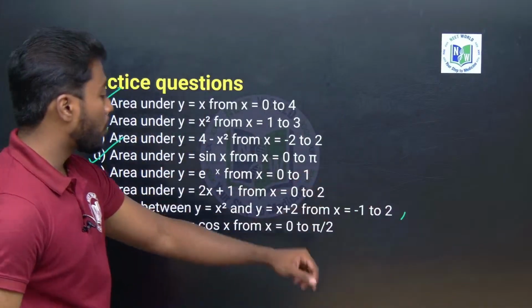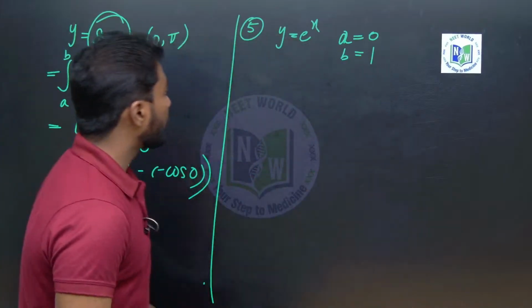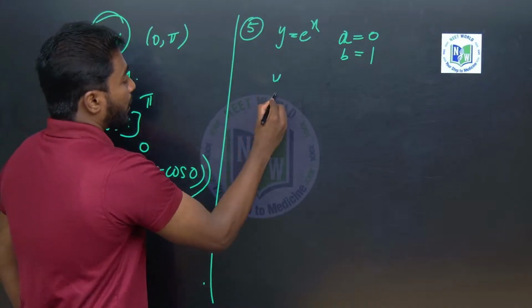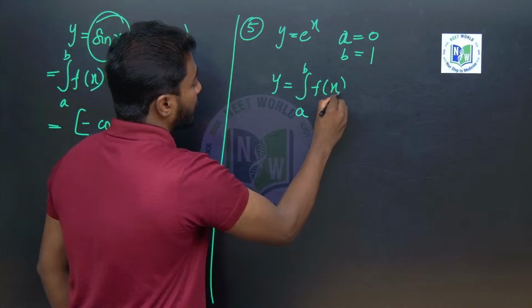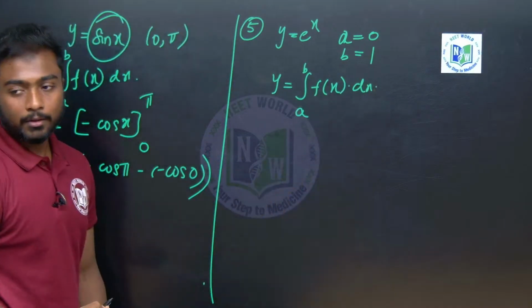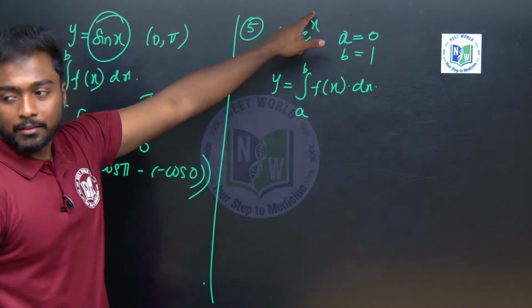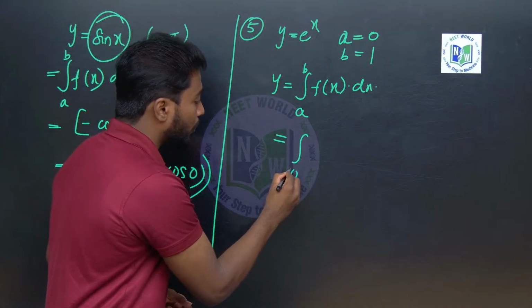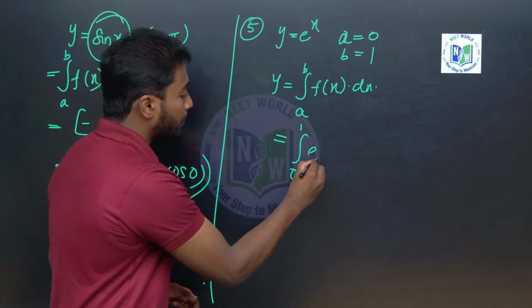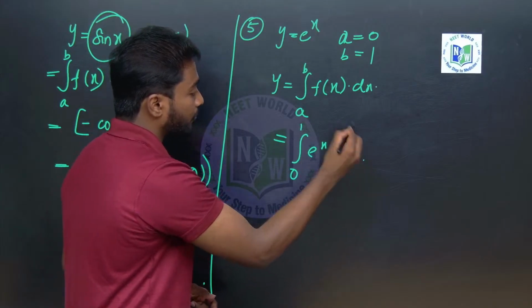From 0 to 1. Okay. So y is equal to the integral of a to b f of x into dx. F of x is the function, that is e power x. So the limits are from 0 to 1, e power x dx.